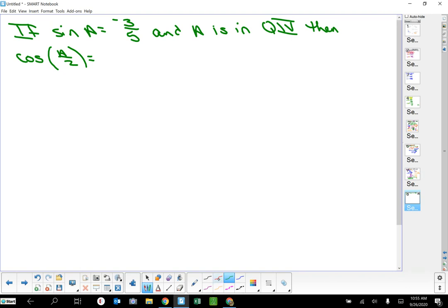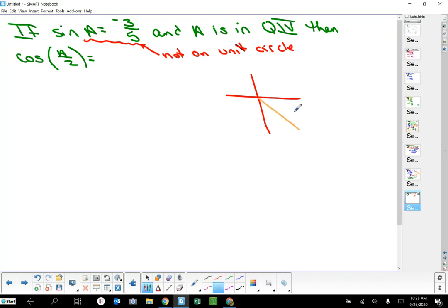Now, this guy is not on the unit circle. So in this case, we're definitely going to have to set up our triangle. So we're in quadrant 4. Let's make sure we actually need to find this, though, before we do anything.